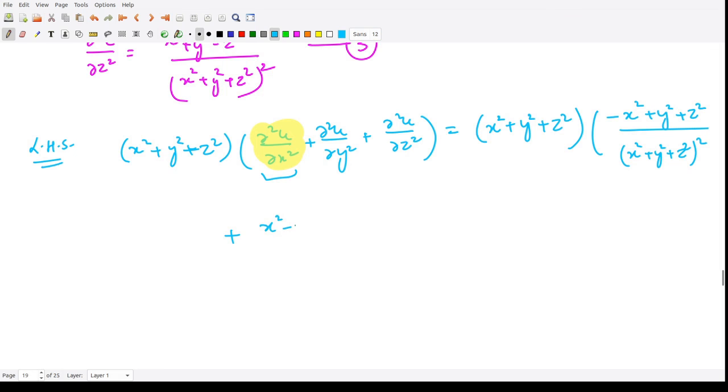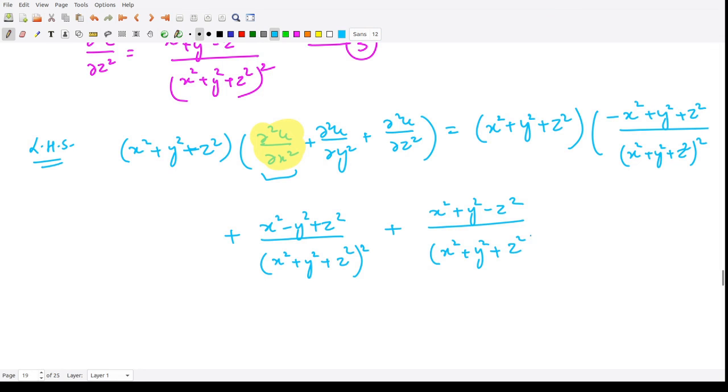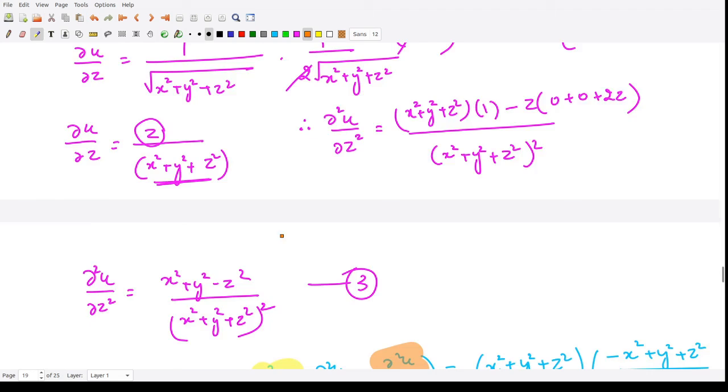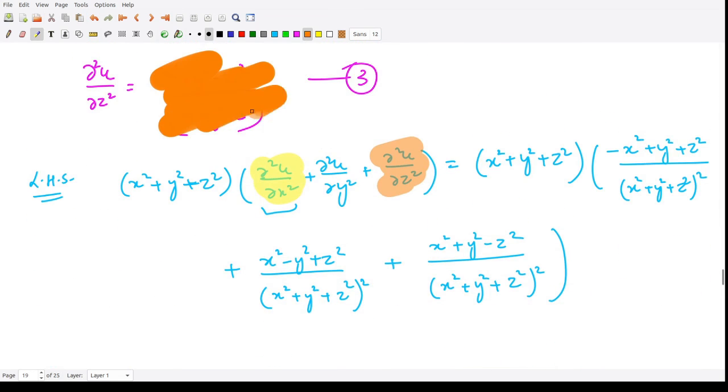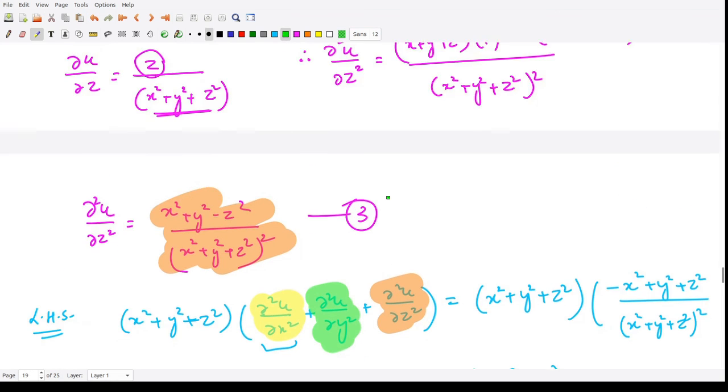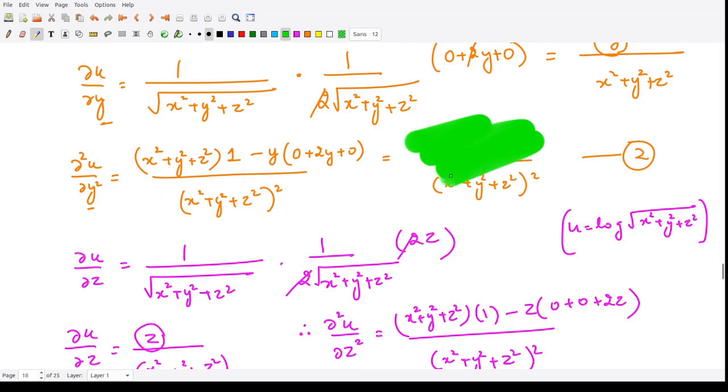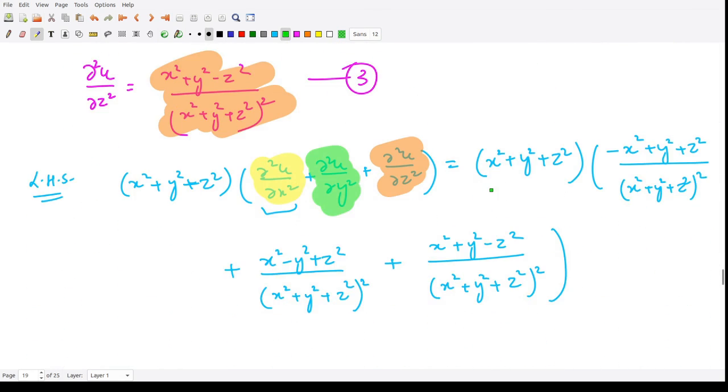So it is (x² − y² + z²) divided by (x² + y² + z²) whole squared, and then the last quantity is (x² + y² − z²) divided by (x² + y² + z²) whole squared. Why is this so? Because the quantity ∂²u/∂z² is equivalent to this quantity, and the quantity ∂²u/∂y² is equal to this quantity over here. So we have just substituted the values here.